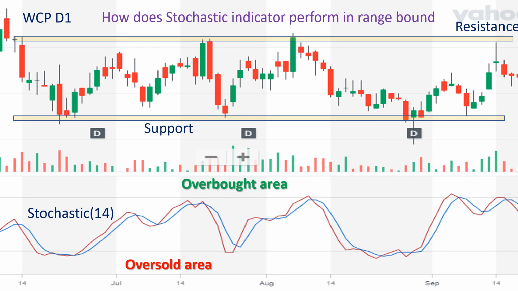Now I'm asking you, do you need a stochastic indicator in a range-bound market? I think you don't need it, because support and resistance does the same job without installing any stochastic indicator and going through those headaches.